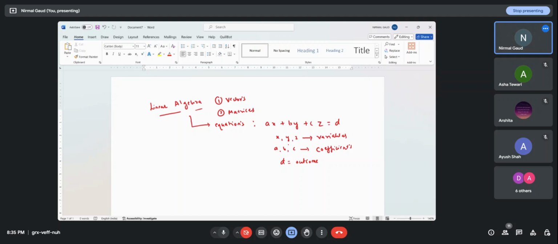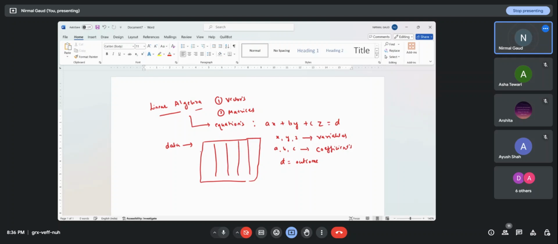So why is this important? Because we have data, and this data is in the form of a tabular arrangement. Okay, this is tabular data.